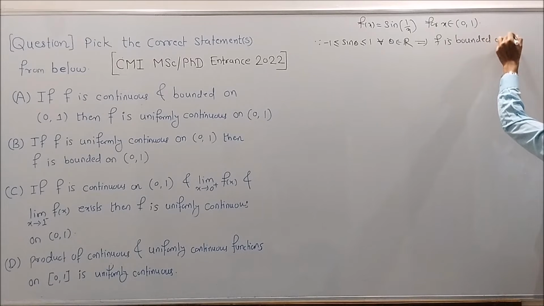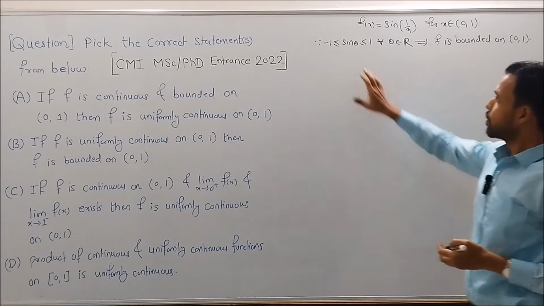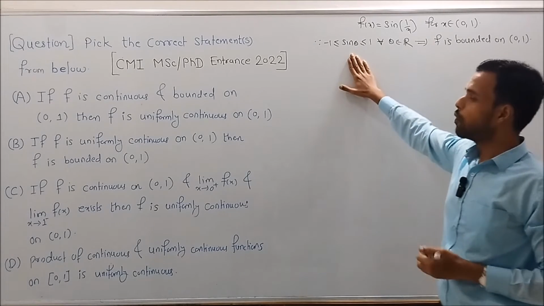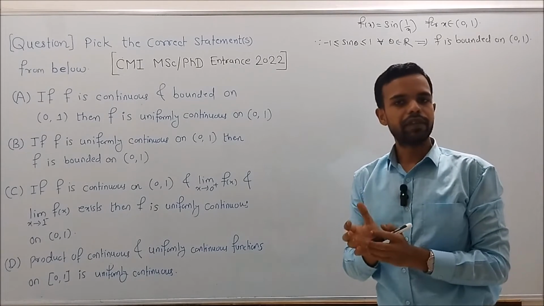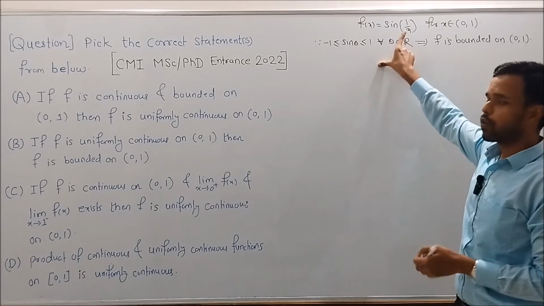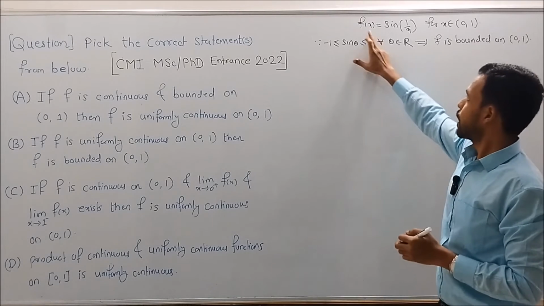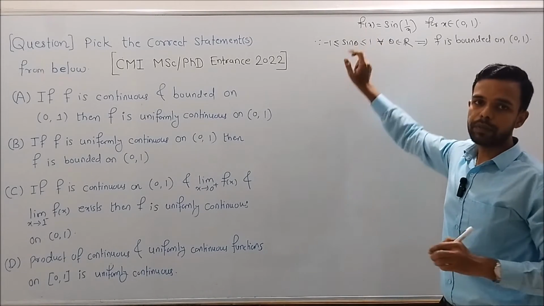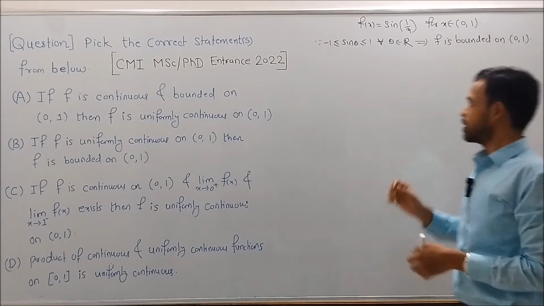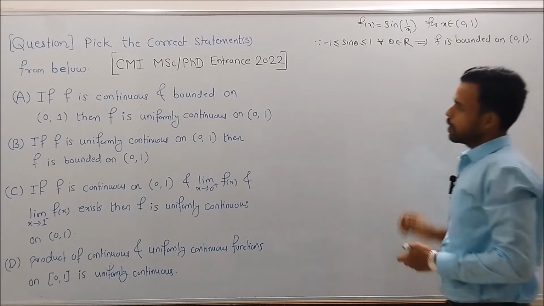The sine function always takes values between -1 and +1, so sin(1/x) always takes values between -1 and +1. That is, f(x) always lies between -1 and +1, and this implies f is bounded on the open interval (0, 1).